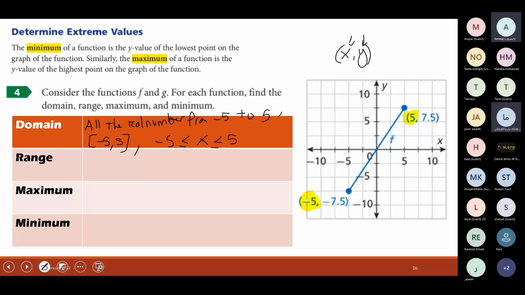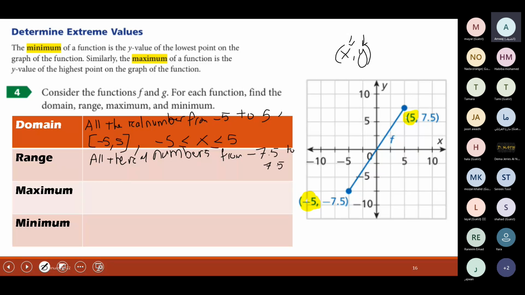Yes, Maria. What is the range here of the function? It's negative 7.5 and 7.5. Thank you so much. So you will say it's all the real numbers from negative 7.5 to 7.5.